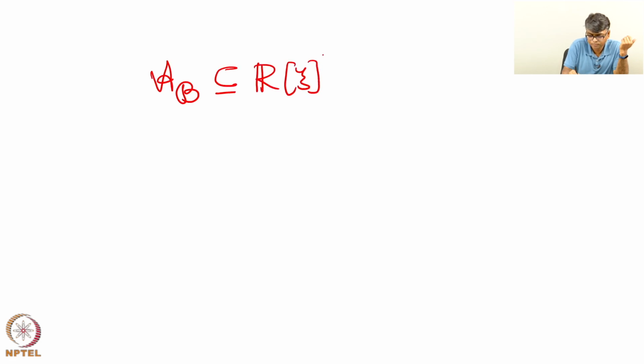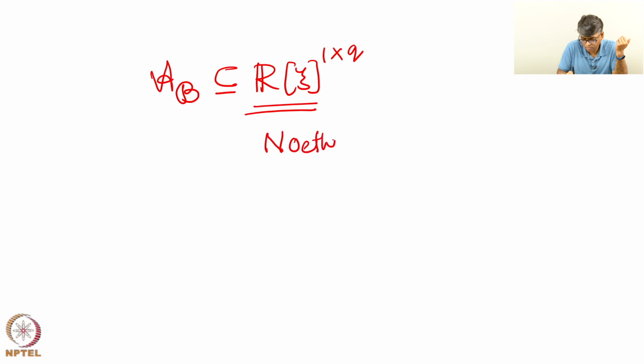Okay. Because it is an annihilator submodule, I can ask the question, what is the behavior that is associated with this? You see, this annihilator submodule is a submodule of R xi, and it is known that this module is what is known as a Noetherian module, a technical term used to describe such modules. A Noetherian module has the property that every submodule of a finitely generated Noetherian module is itself finitely generated.